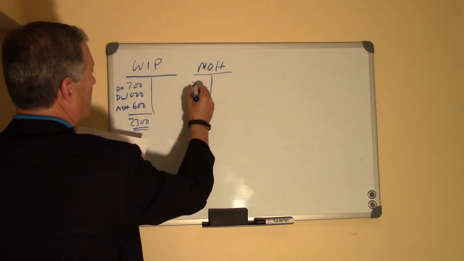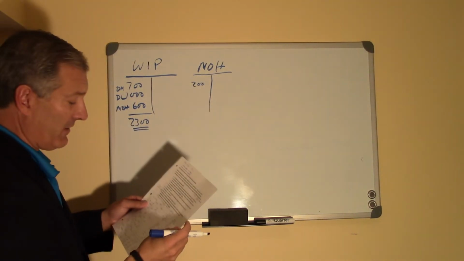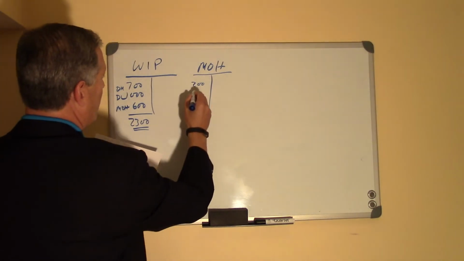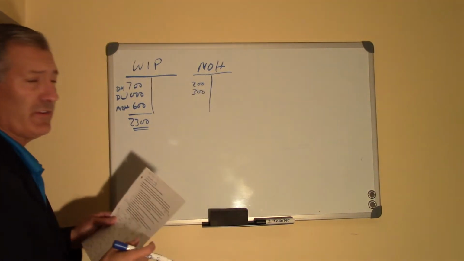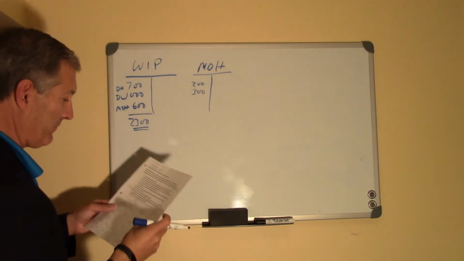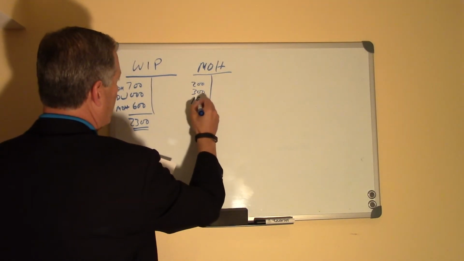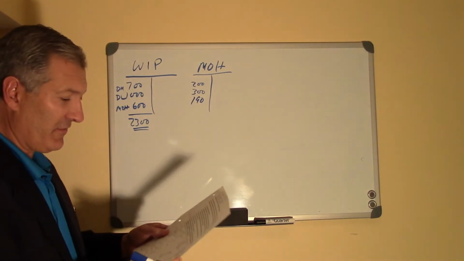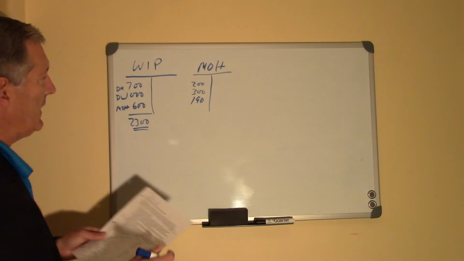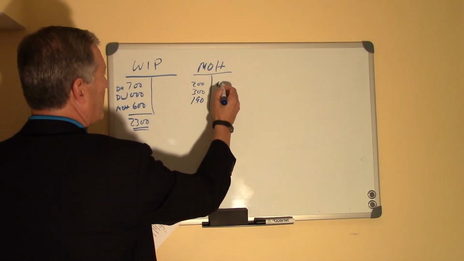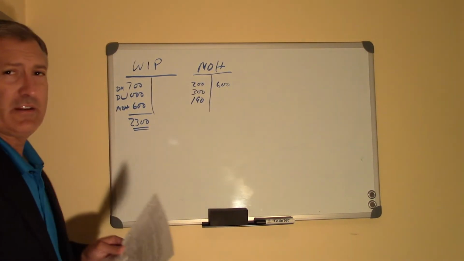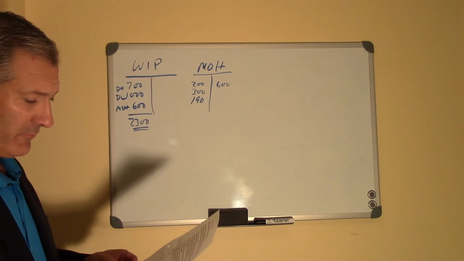We've got $200 that we posted for indirect materials. We have $300 that we posted for indirect labor. We had $190, which was for these other factory related costs. And here's our $600 that was manufacturing overhead applied.